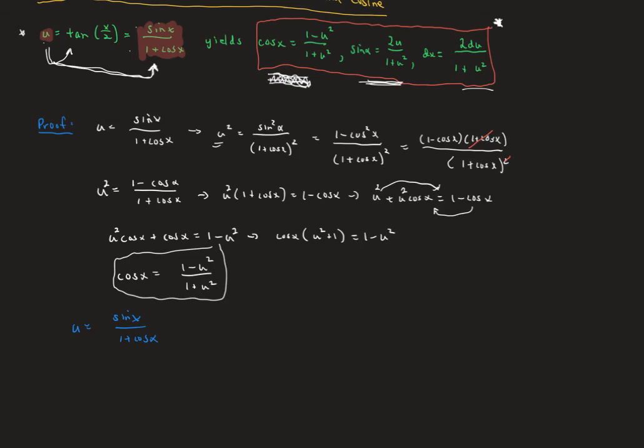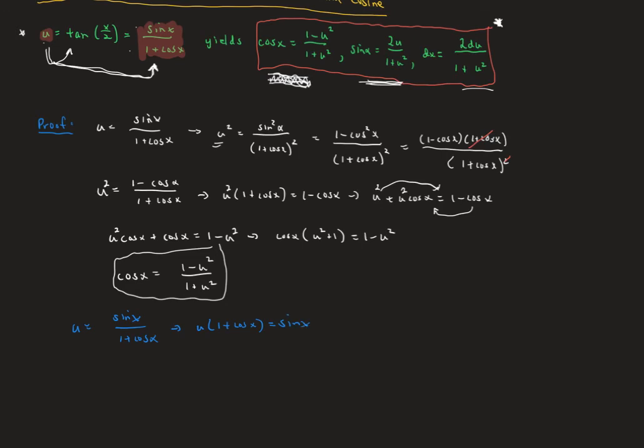We'll just multiply the 1 plus cosine x to the other side. So we get u times 1 plus cosine x is equal to sine x.